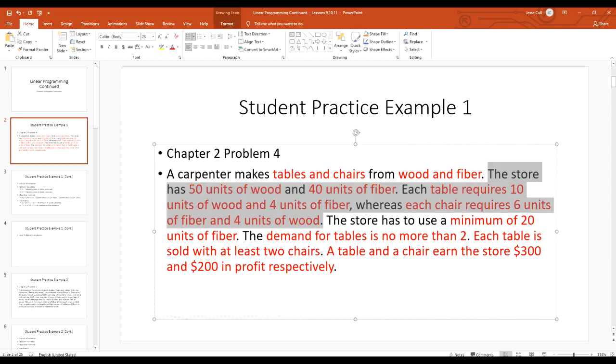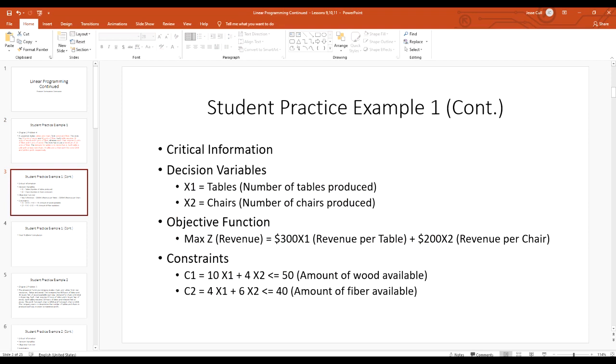But we now have another constraint, a minimum of 20 units of fiber. So we have to come down here, and we have to list our fiber usage. So we go here, fiber. We already have our fiber usage right here, 4x1 plus 6x2. 4 units of fiber per table, 6 units of fiber per chair.